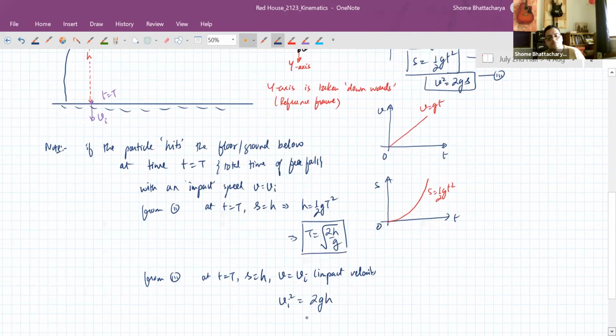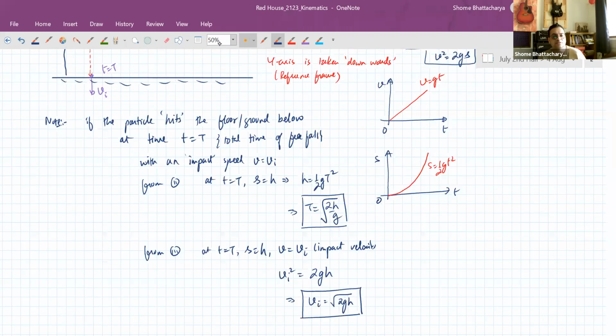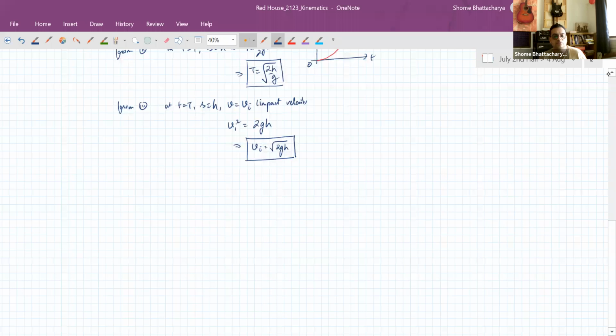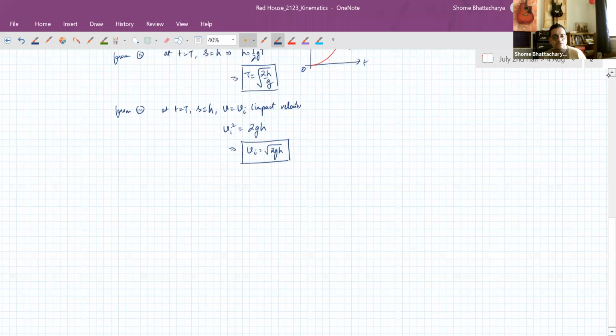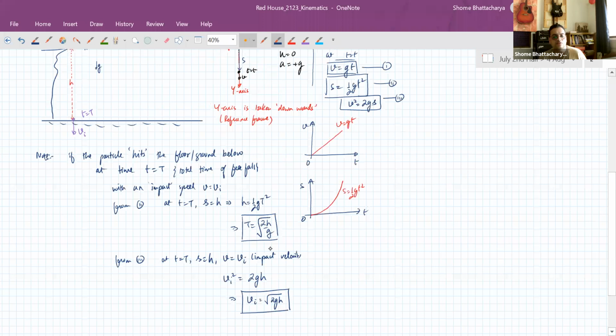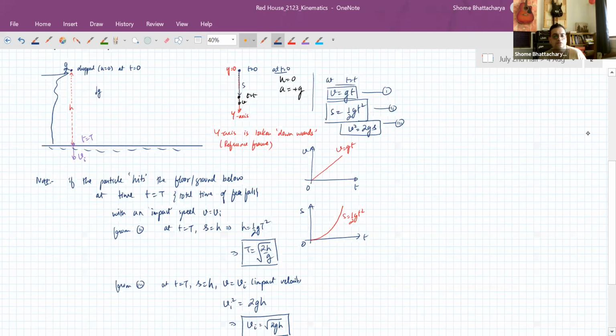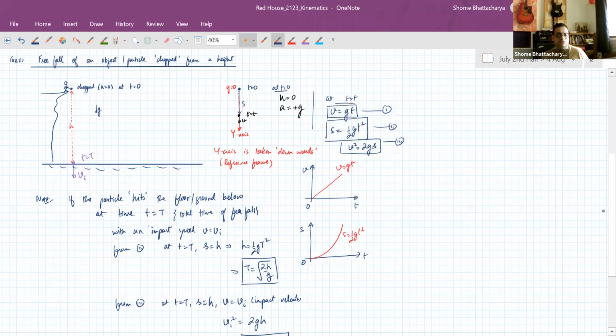So apart from the two fundamental equations that give you displacement and velocity as a function of time, we have two more important formulas, which tell you that if you drop the object from a height h above and it hits the floor below, then it will hit the floor after time capital T, and it will hit the floor with a downward impact velocity of root 2gh. Okay. So just make a quick note of this.